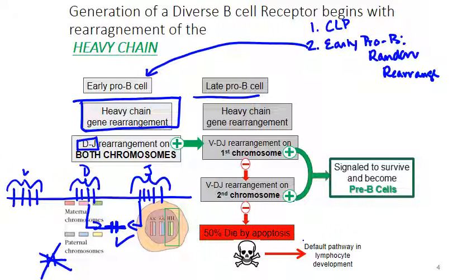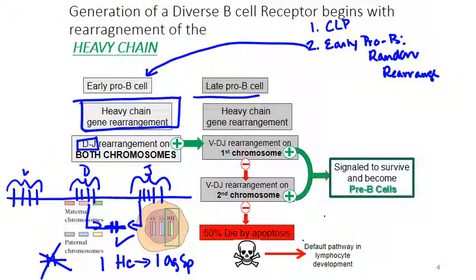It's essential to ensure that each B cell synthesizes only one heavy chain, because we need one heavy chain variable domain and one light chain, making one antibody specificity. Except for some very rare mutations, all of the progeny of this B cell will have one antigen specificity, because only one chromosome actually gets to complete this process.